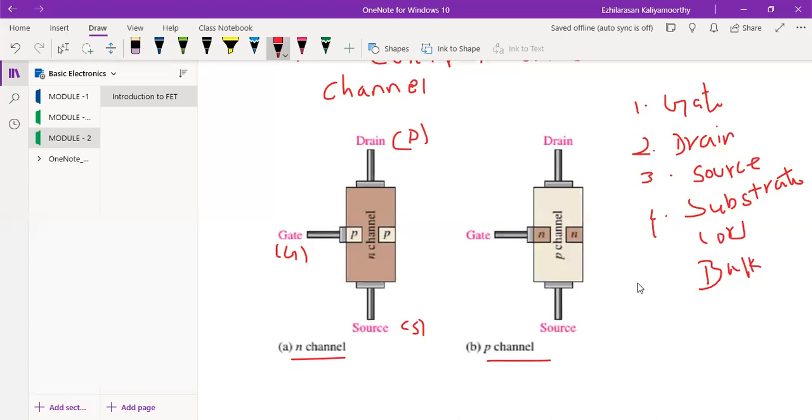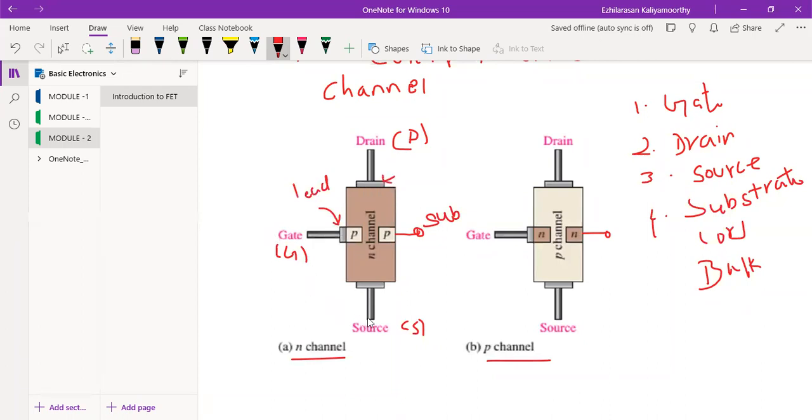Substrate or bulk. Where is the terminal, you may think? See, this is the terminal, nothing but the substrate terminal. Normally here you can see there is a lead, a metal lead. This lead is connected at all the places, right?